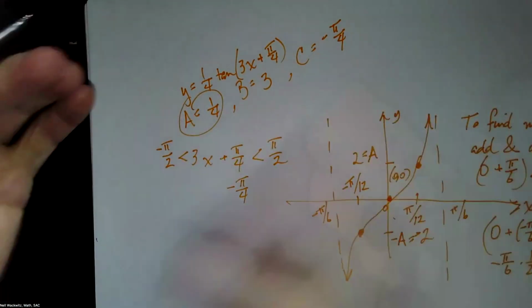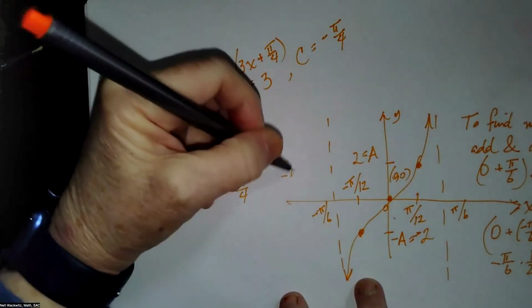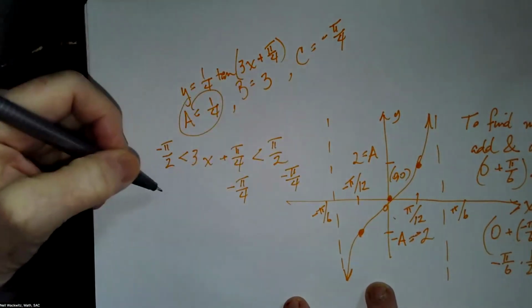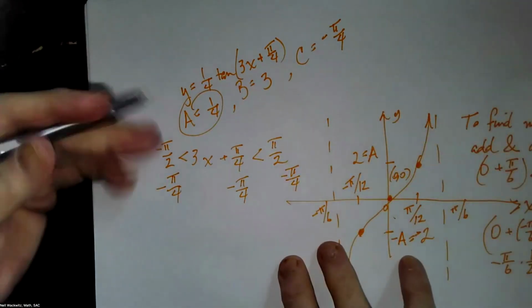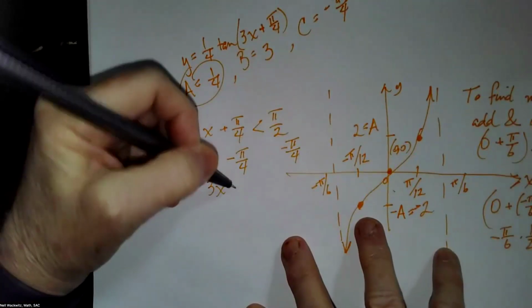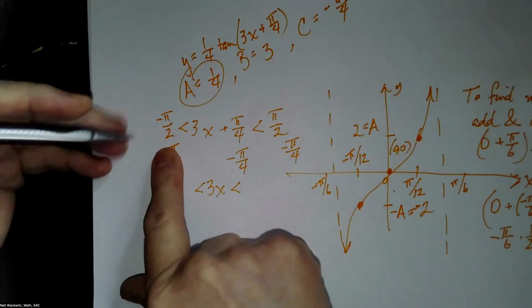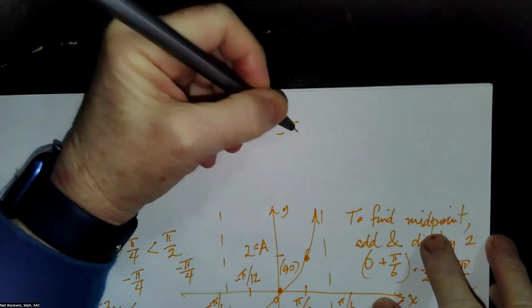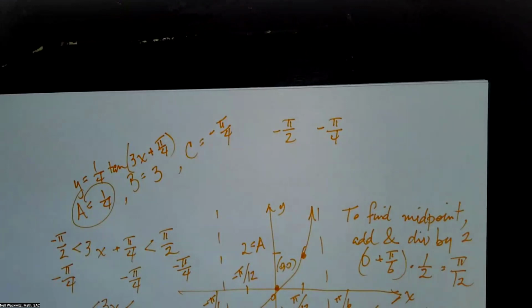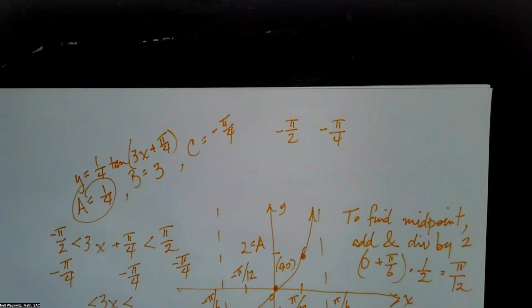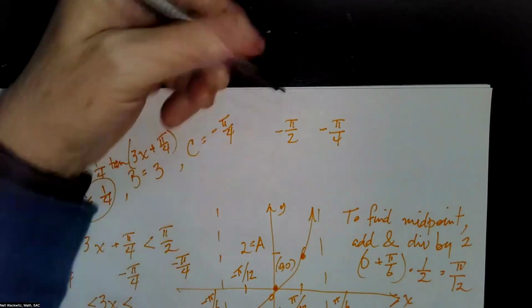And inequalities are fun because there's now more than two sides. So we're going to subtract pi over 4 from everywhere. That's going to leave us with 3x in the middle, negative pi over 2 minus pi over 4. Can I just add them the way they are, or do I need to do something? You do something. Tell me what. You can multiply negative pi over 2 by 2.